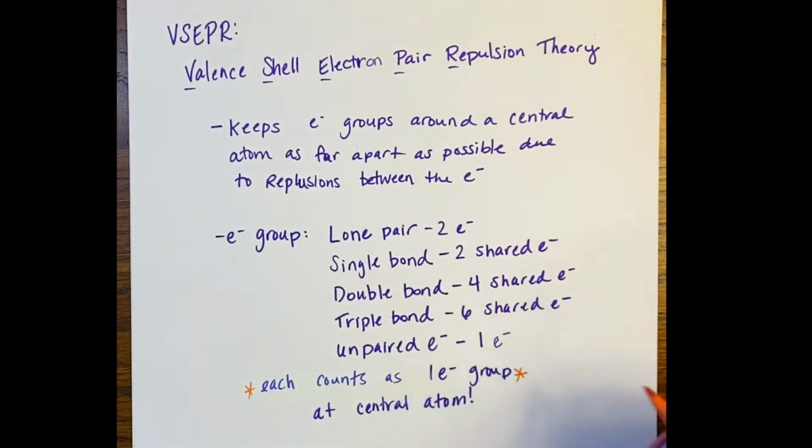And that's really important, because when we talk about the shapes of molecules, it's going to be based on our initial identification of the number of electron groups that are present.